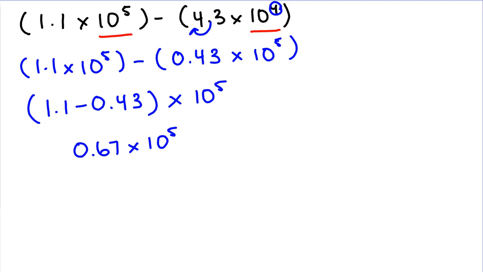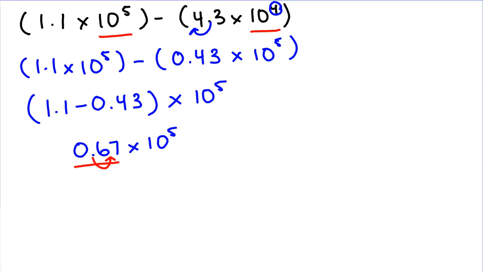Now notice here, this number is too small. It needs to be at least 1, but less than 10. This is not at least 1. So we need to actually move this decimal to the right in order to make it bigger.